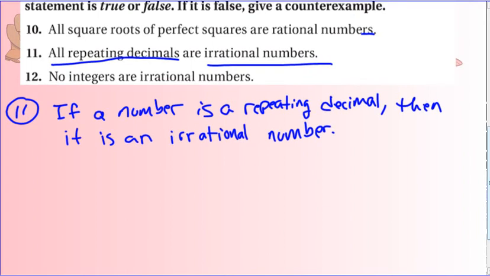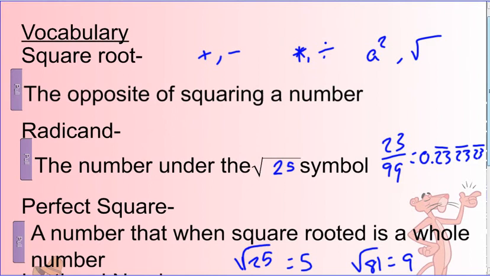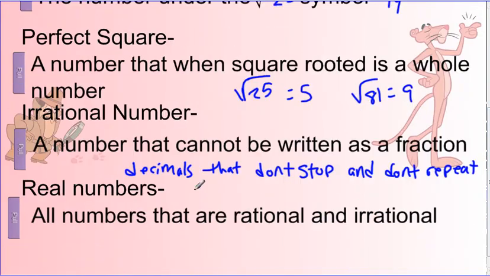Now let's go ahead and come up with examples. So if a number is a repeating decimal, so 0.11111 repeating, 0.123123 repeating. So if a number is a repeating decimal, then it is irrational. Are these numbers irrational? Now, we have to go way back up to our definition of irrational number.